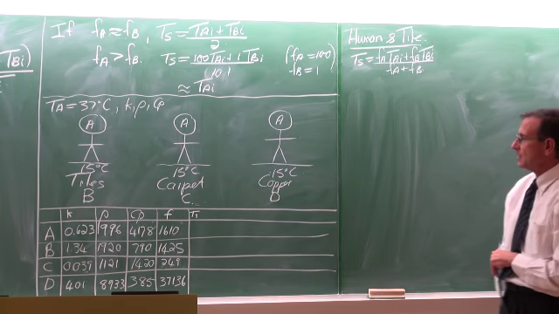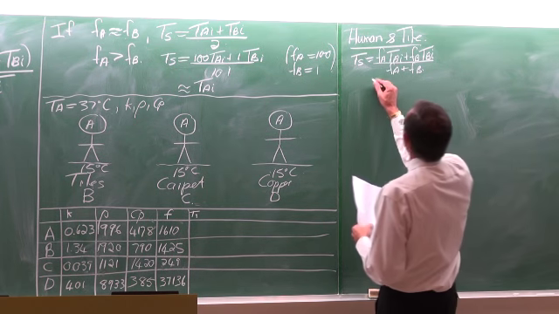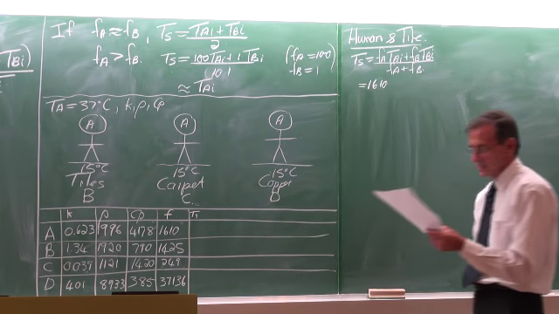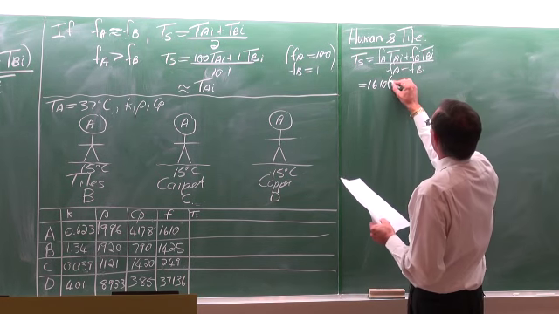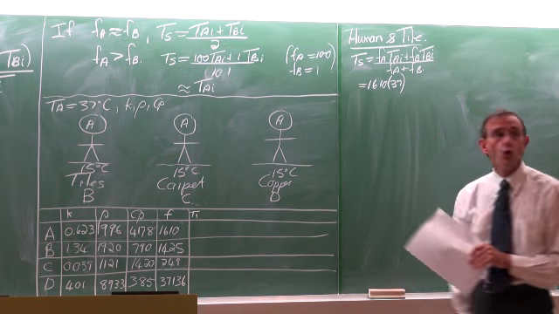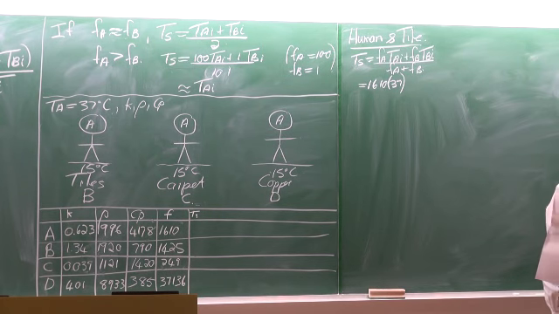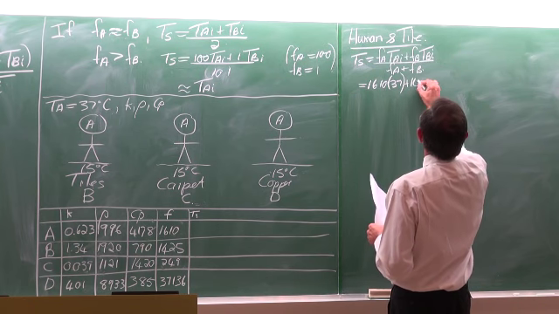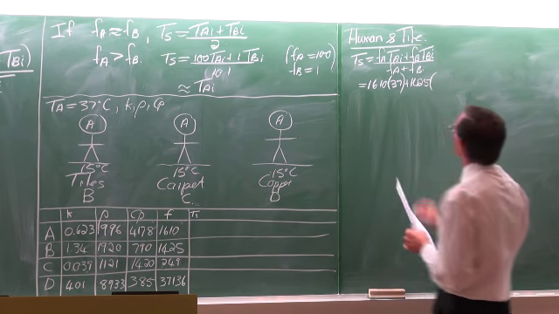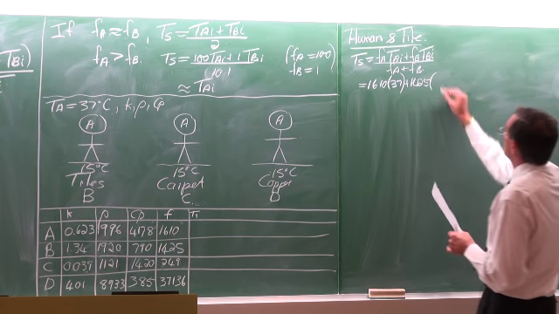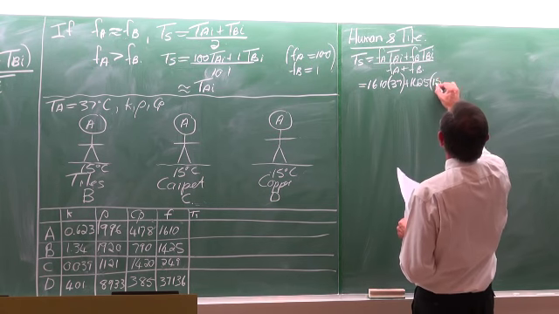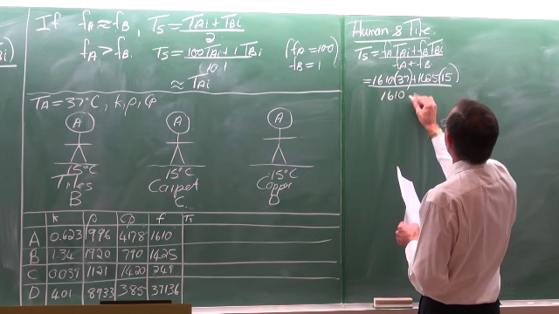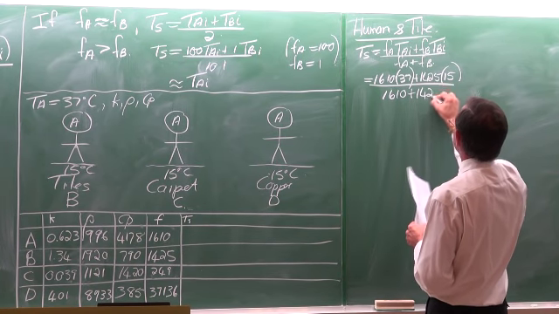So FA is equal to 1610 multiplied by your body temperature, which is 37 if you're healthy, plus 1425 multiplied by the temperature of the tiles, divided by the sum of FA plus FB.